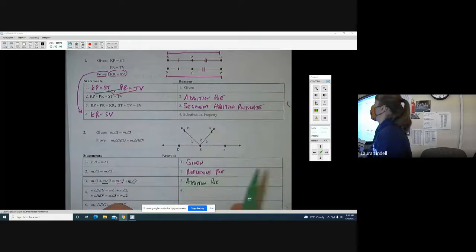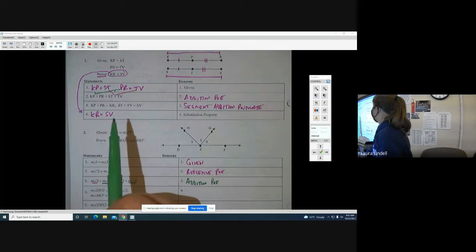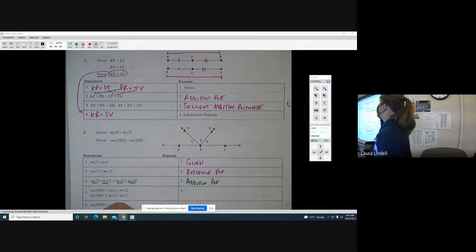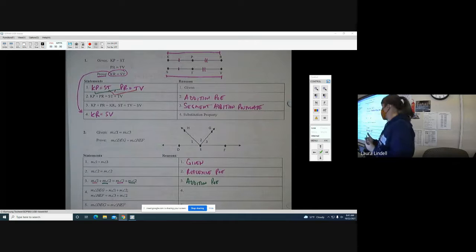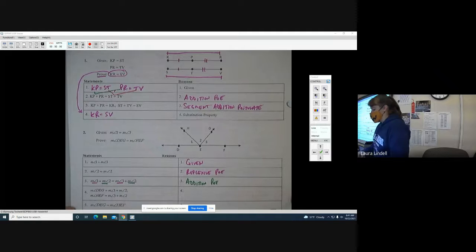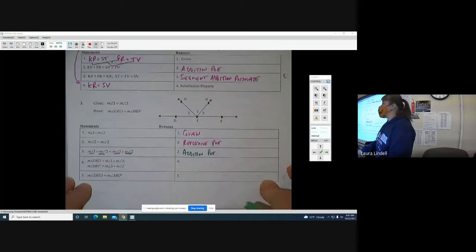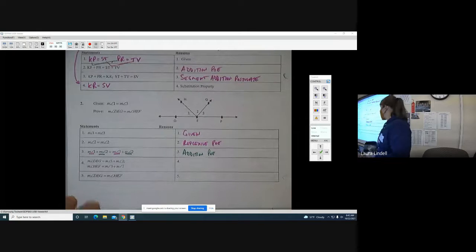So like ST plus TV is equal to SV? Yeah, like ST plus TV is equal to SV. That would be an example of segment addition versus just regular addition. Yeah, and that's one that it's really easy to get those mixed up. So keep asking questions like that.